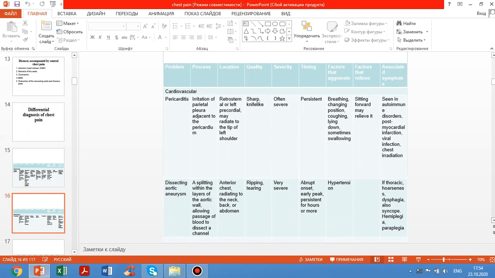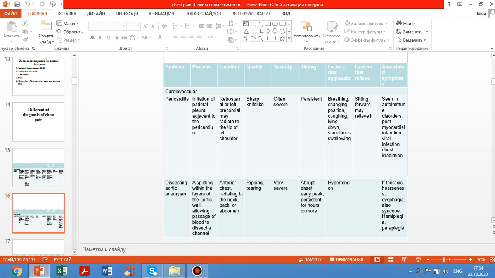Factors that aggravate are pressing, changing position, coughing, lying down, sometimes swallowing. A factor that relieves is sitting forward. Associated conditions are autoimmune disorders, post-myocardial infarction, viral infection, chest irradiation.